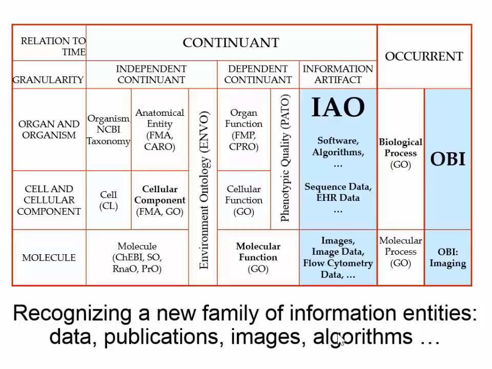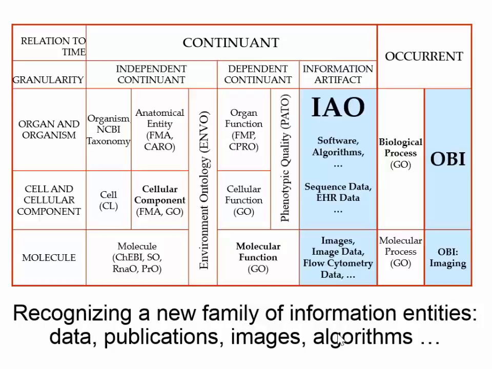So a publication is not a process. The process of publishing is a process. And so this created BFO 1.1. BFO 1.1 added an extra category in addition to the three we've already seen. And I'll talk about that in more detail in a minute.